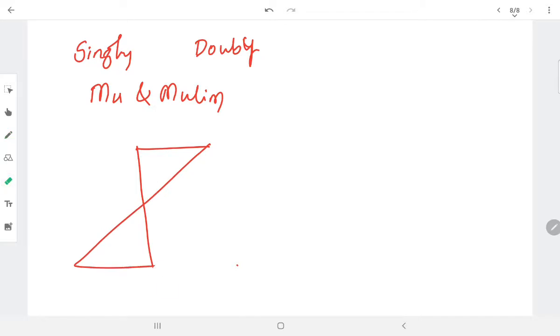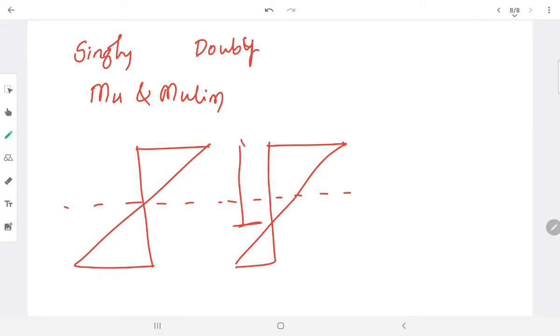This is the balanced one, because the depth of neutral axis falls exactly at the limiting position. Now another strain diagram we will get, where this is the actual neutral axis, the depth of neutral axis.